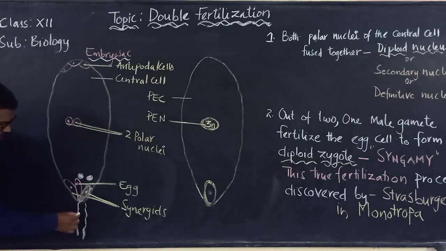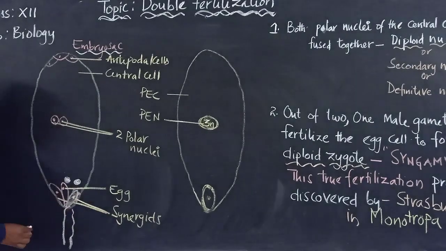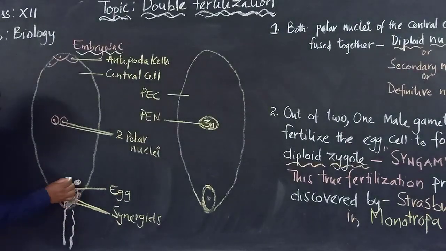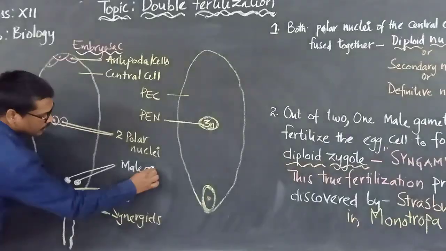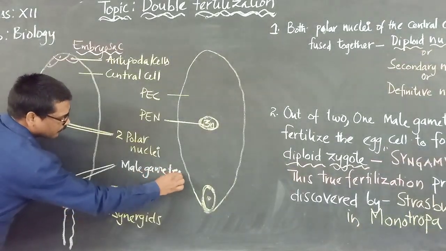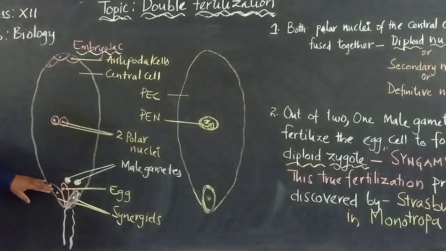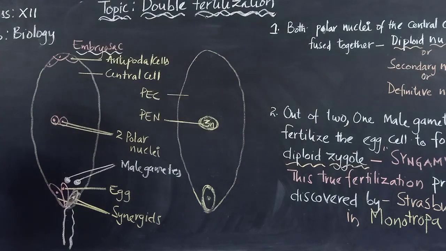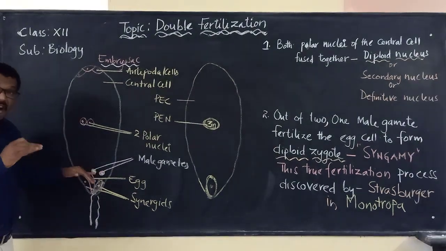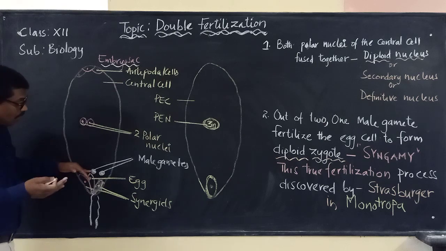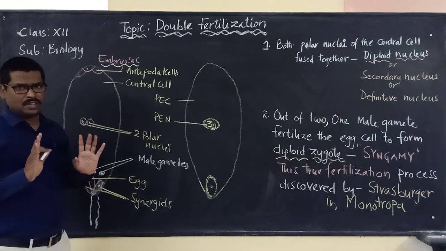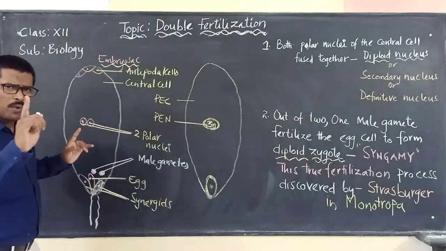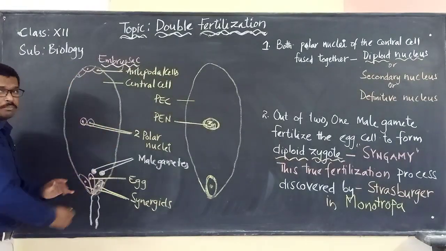After entering, it releases two male gametes into the embryo sac. So, first point: before fertilization, there is one change taking place inside the embryo sac.